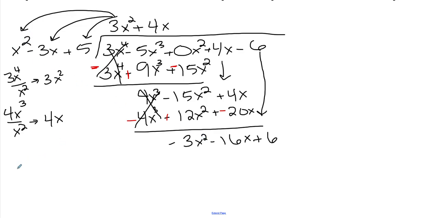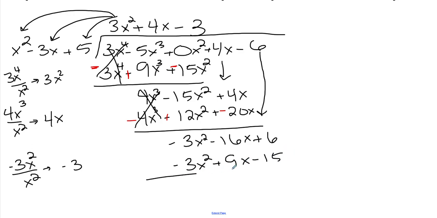So divide our front two terms. We get negative 3x squared over x squared, which leaves us with a negative 3. So that's the number going up top. Same process as before. Drag it through here: negative 3x squared plus 9x minus 15.